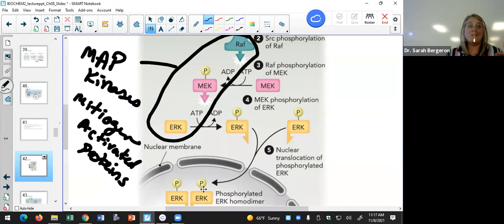So kinases that participate in the MAP kinase pathway will increase cell division. So what happens if you get mutations in those pathways? You are going to disrupt cellular replication. Maybe you downregulate it, maybe you upregulate it. It depends on the mutation, right?